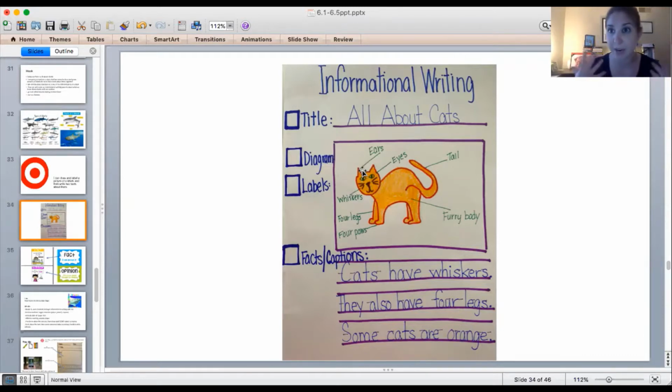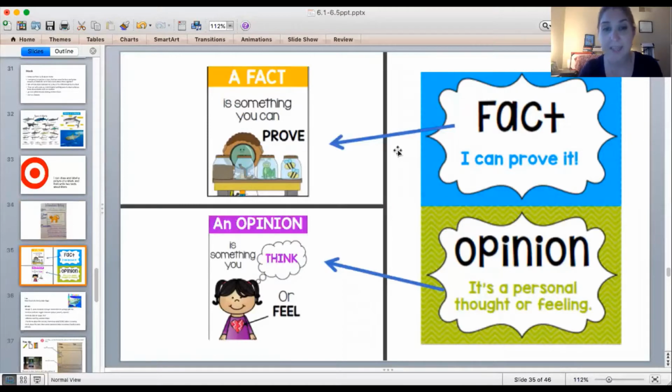So today's diagram will be a picture of a shark, and then we will label the different parts of the shark. And last, we want to make sure that our informational writing pieces have facts. And facts are the sentences or the captions that tell our reader different things that we can prove about the topic. So remember, a fact is something you can prove.